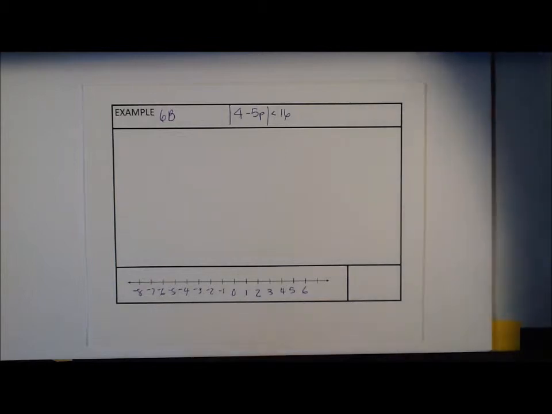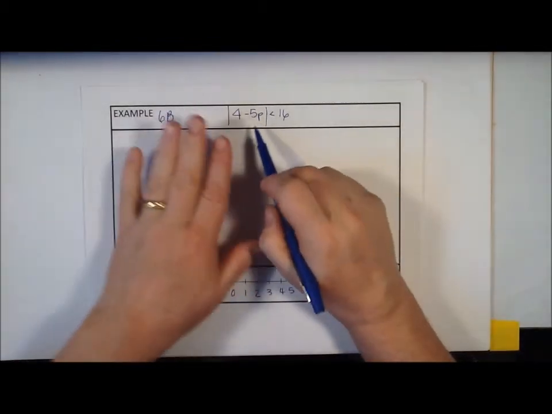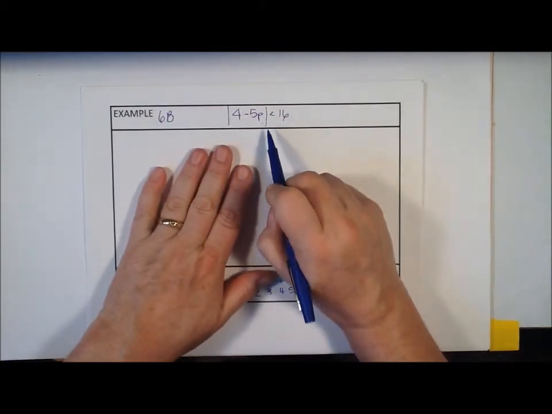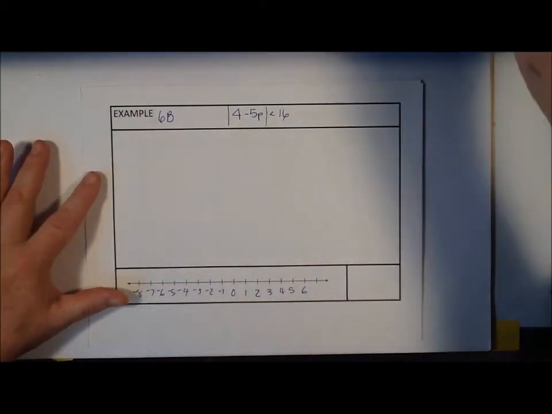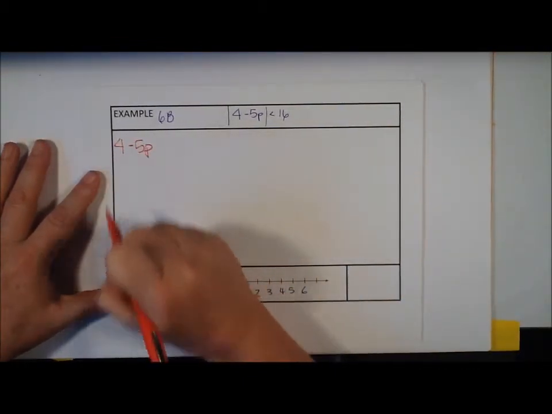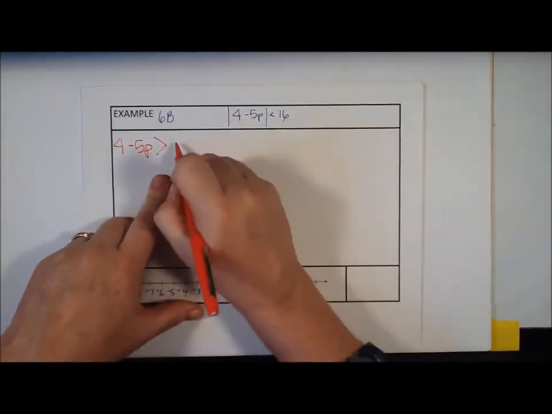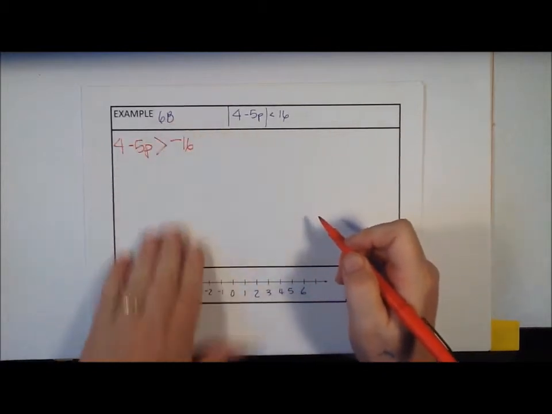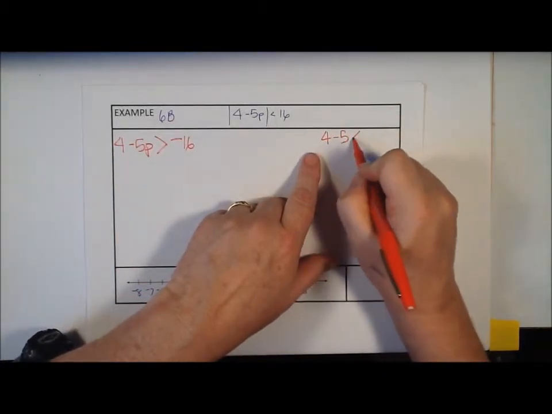So this one is a little more complicated. First of all, there are no constants hanging around, so I can just go right to this. I'm going to do my negative side first. So write 4 minus 5p, flip it, opposite, and I'll be good to go. For the positive side, I get to just write it as it is.